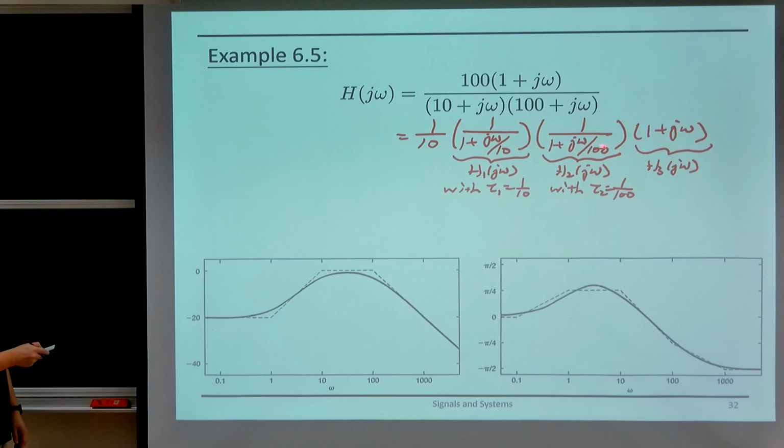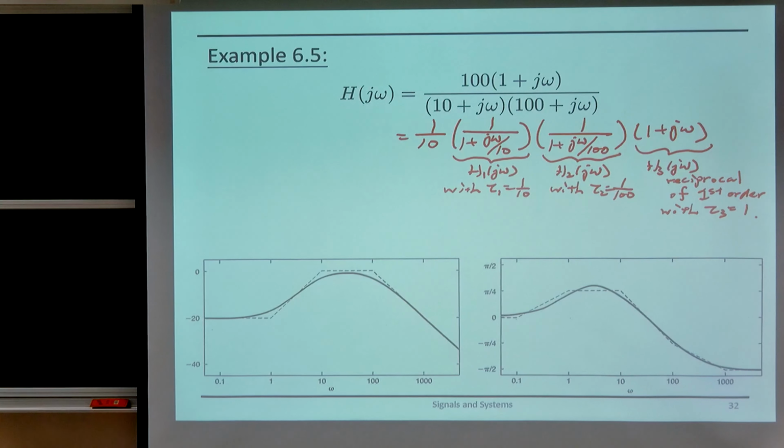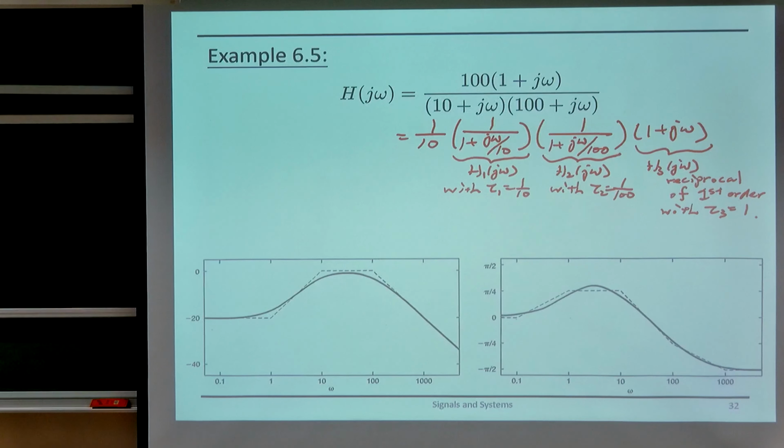And this is the reciprocal of a first order system with tau 3 equal to 1. So if you were to plot these systems out separately, what would they look like?